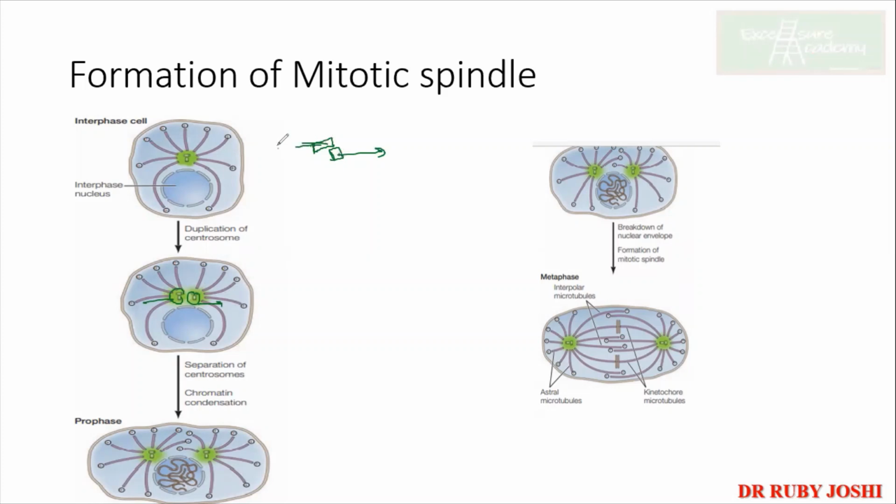From here you will get another one and from here you will get another one. So this is like a mother-daughter relation. Every time they are present in this direction, at 90 degrees, perpendicular to each other. When they get separated, a daughter comes perpendicular to this one, and a daughter comes perpendicular to that one. So now they become the mother and you get the daughter centrioles then. Okay, is this much clear?